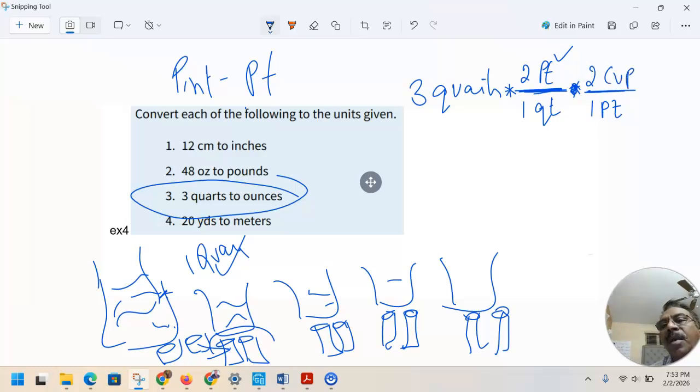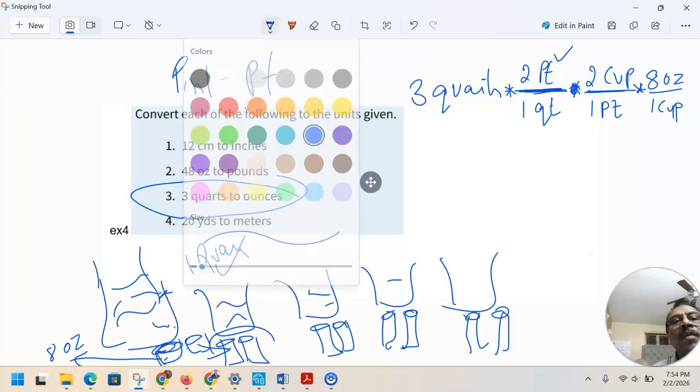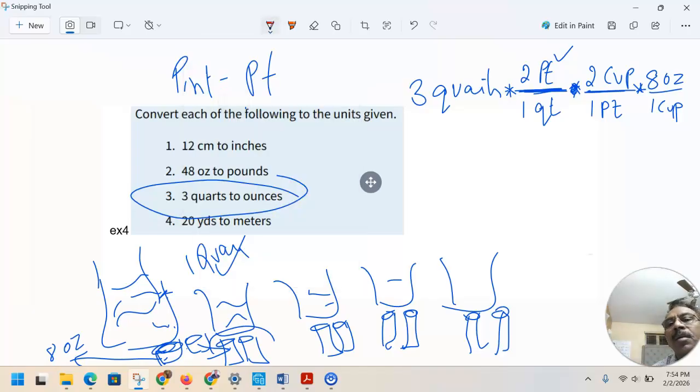But each cup that I have drawn here is 8 fluid ounce. So therefore we have to write 1 cup is 8 fluid ounce. Now we can cross out. So quarts cross out, and pints cross out.